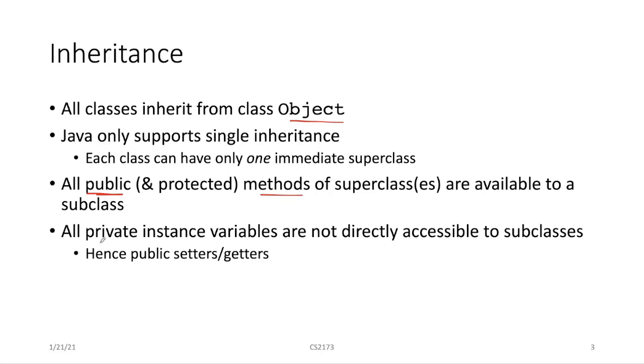Now this can be a little confusing though. All private instance variables, remember all instance variables must be private, exist in the subclass, but they're not directly accessible. So for example, the poker deck cannot directly deal with my cards. It cannot reference that at all.